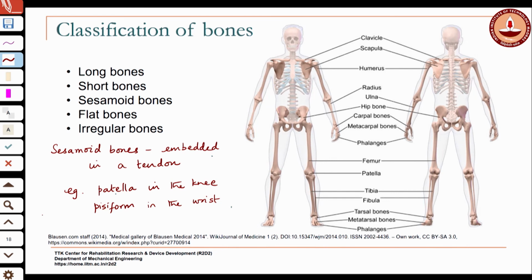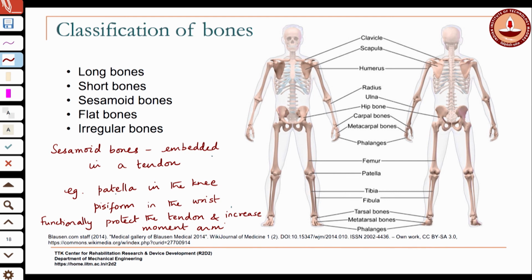So, that is what the sesamoid bones do. They functionally protect the tendon and increase the moment arm by holding the tendon slightly away from the center of the joint.